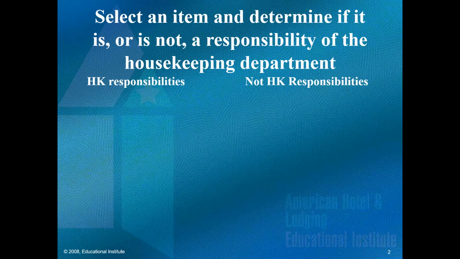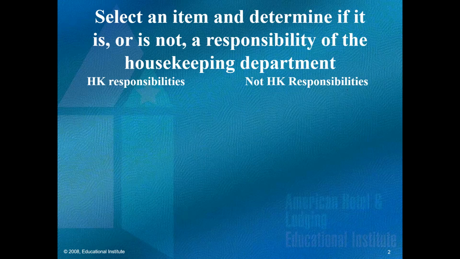Convention exhibit halls, okay. Okay, good. Storage areas under housekeeping responsibilities. Laundry, okay, under housekeeping responsibilities.